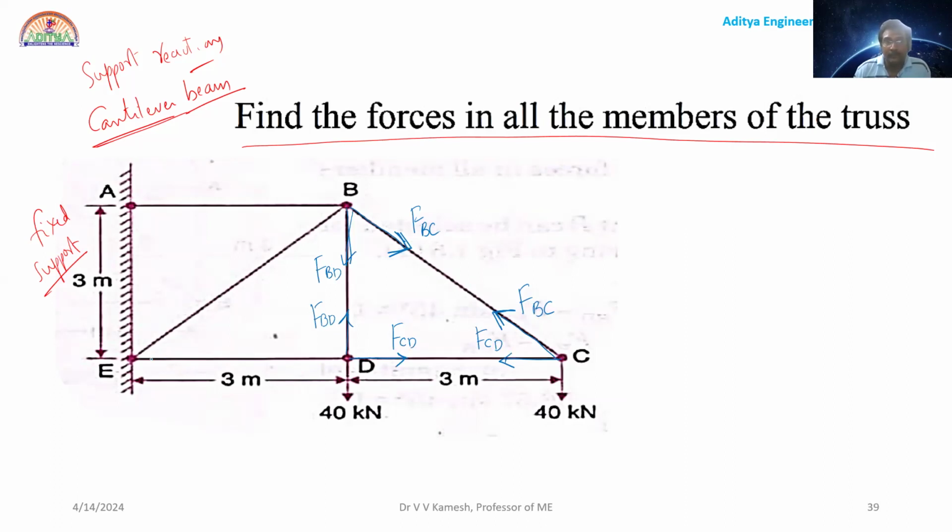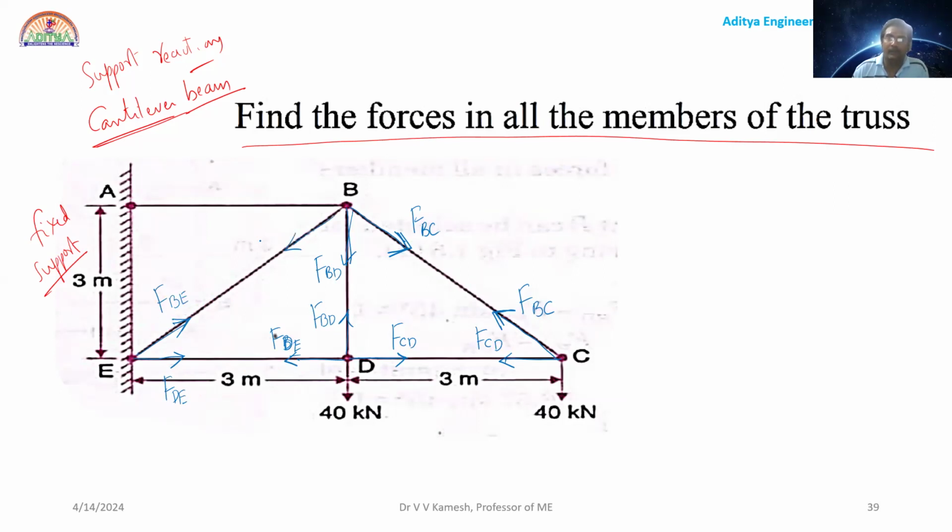Now you go to D, from E, it will be FDE. From D, it is to the left side, compression of the member, FDE. Now you go to BE. From E, it will be upwards, FBE.